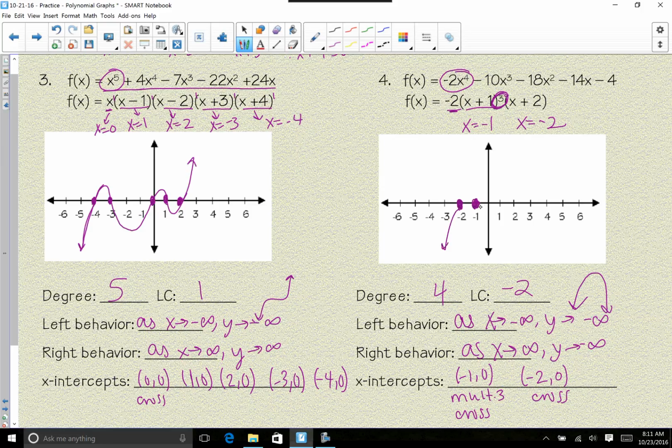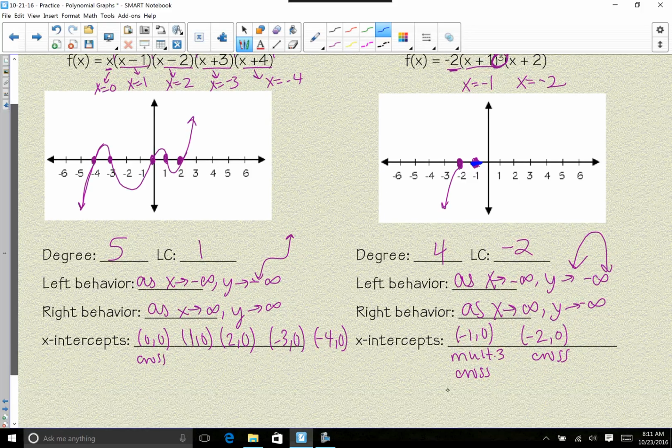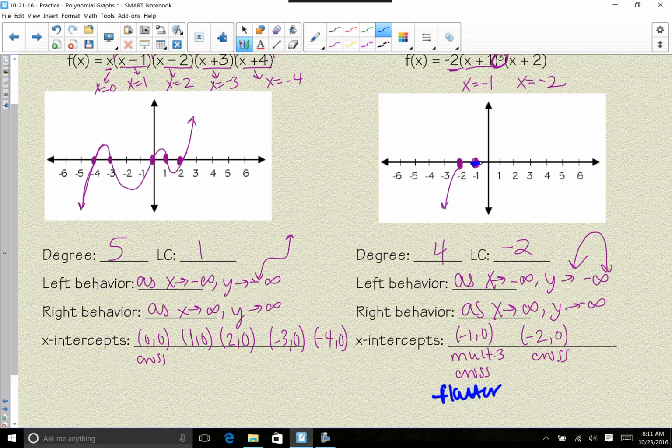Okay, so I'm down on both ends, right? All right. What I'm going to do, and I'm going to use a different color, I'm going to put a straight line at negative 1 because I know that when I cross at negative 1, I need this to be a flatter cross, don't I? So I know that this right here is going to need to go flat there, and then it's going to go down.